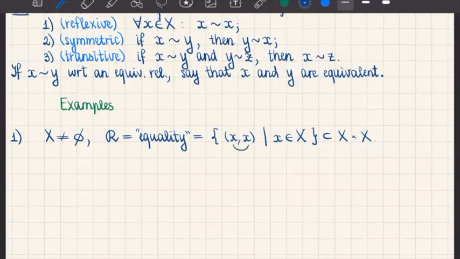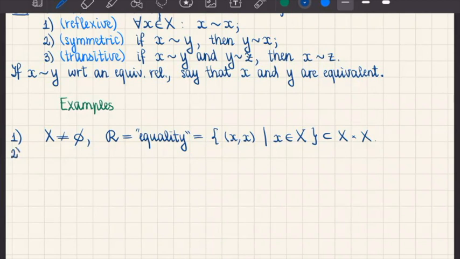So (x, x) is in there for every x. It is symmetric because if x is equivalent to y, by this definition, it means that y is equal to x, and so y is also equivalent to x. And it is, of course, transitive.